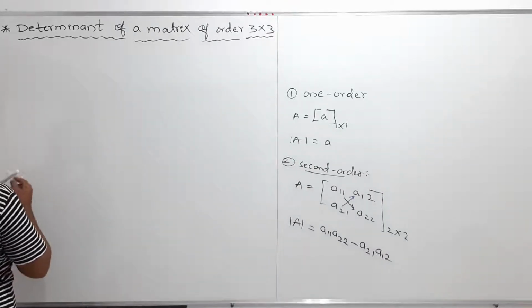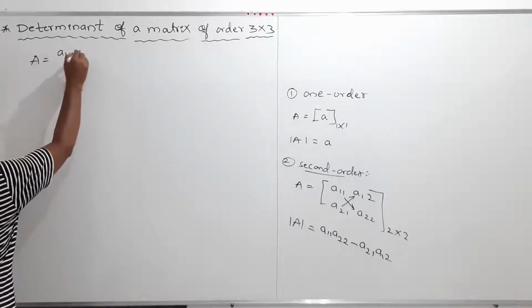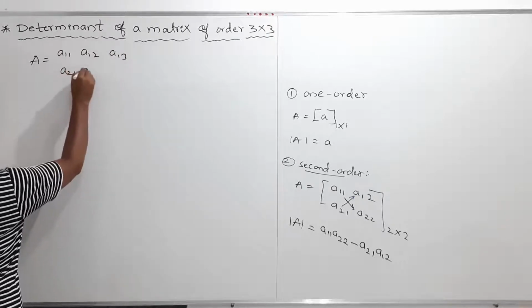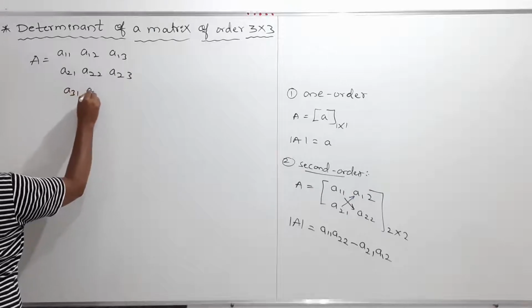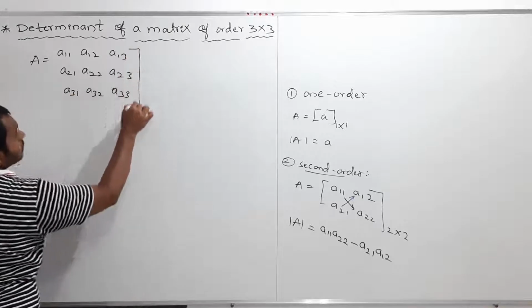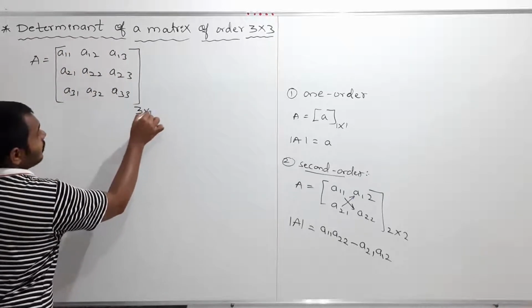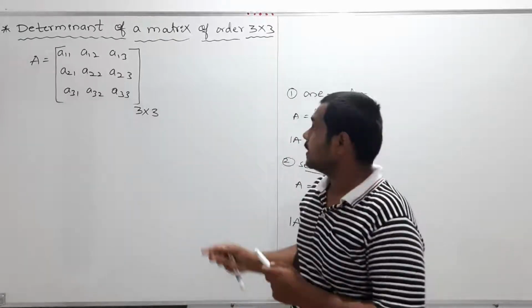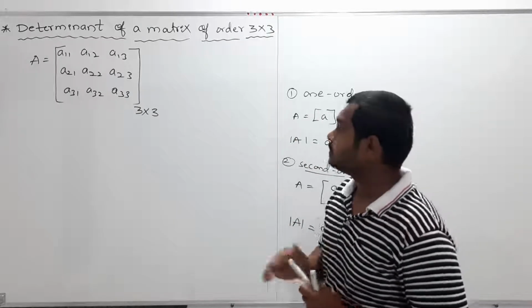If A equals, I will take here A11, A12, A13, A21, A22, A23, A31, A32, A33. So my dear students, if the given matrix is of the order 3 cross 3, how to calculate the determinant value? That I am going to discuss in today's class, clear?